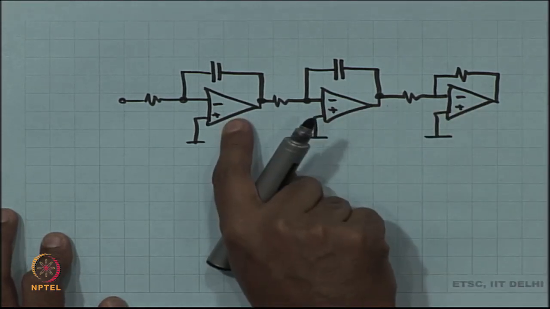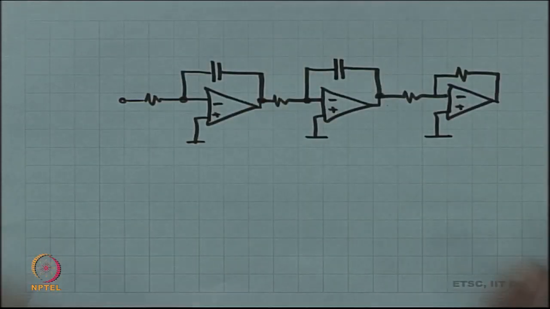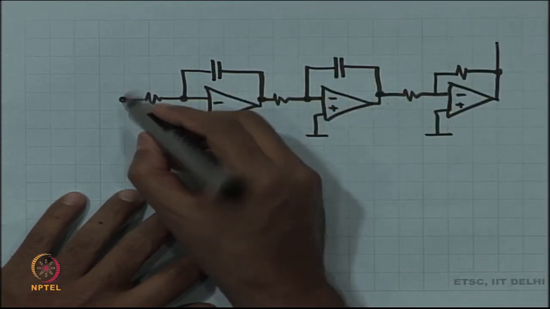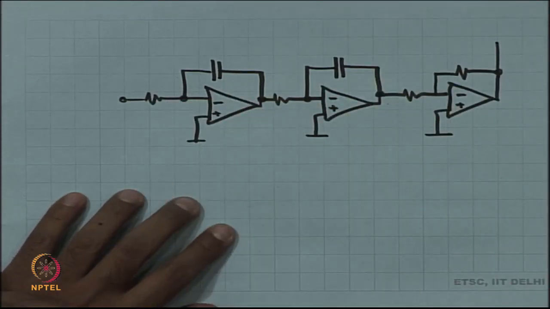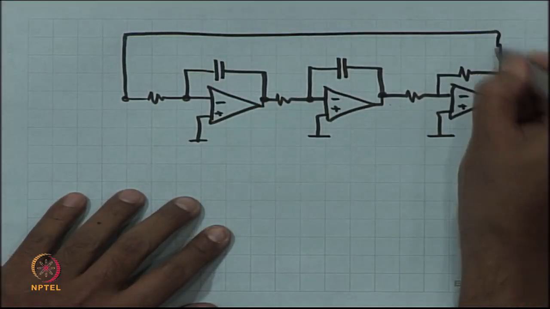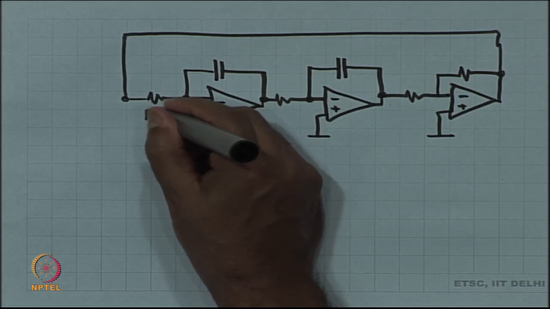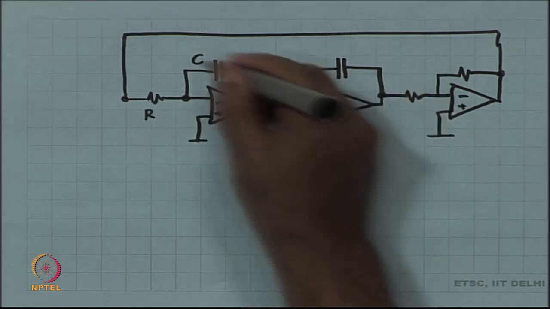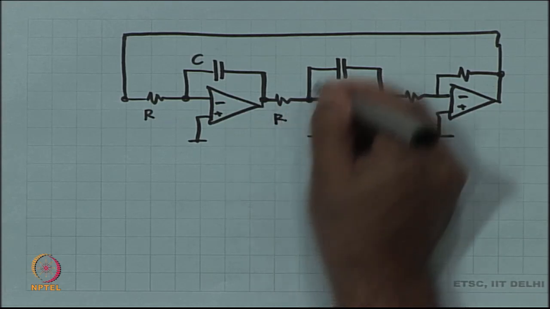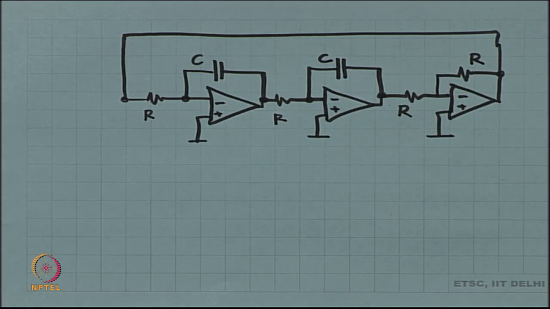So, instead of damped I made it a pure integrator, and then I am going to apply feedback, and in this case I am not going to bother with the input, the input is the feedback. Without any loss of generality, I am going to assume all the resistors are equal, and let us also assume all the capacitors are equal.